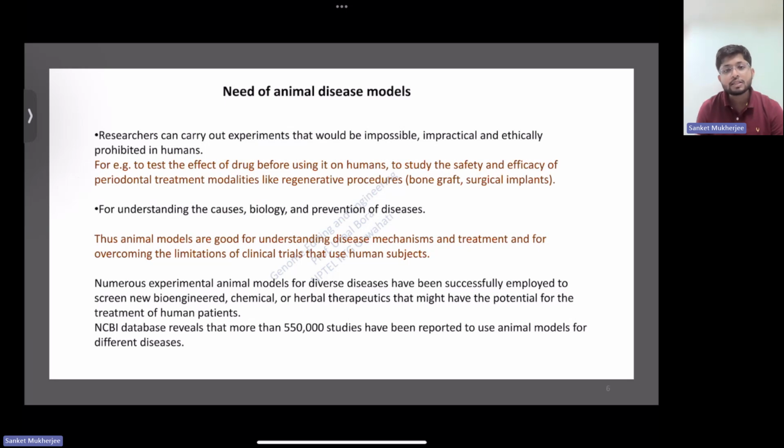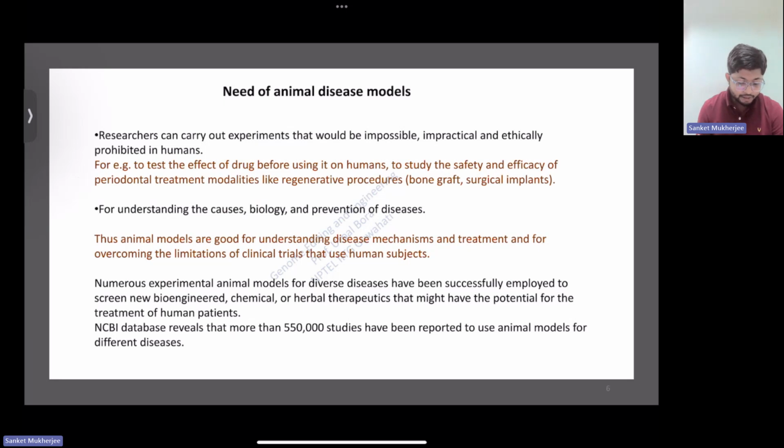So to understand the disease mechanism, its treatment, and to overcome the limitations of human clinical trials, where you have to test the product or treatment in multiple individuals, which can cause certain effects which we do not want, we rather screen these treatment strategies on an animal model.